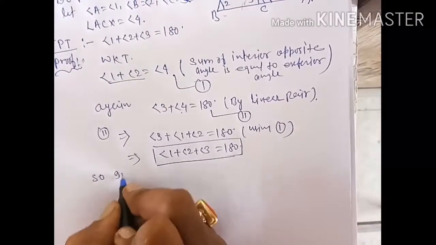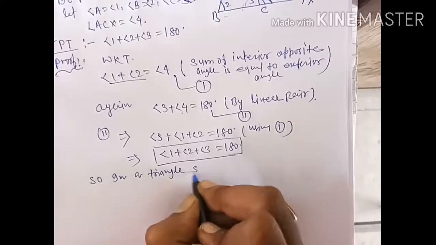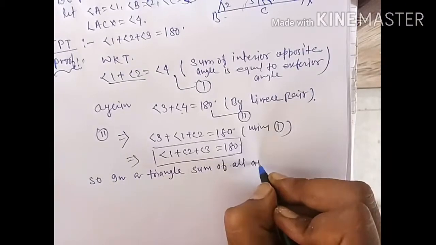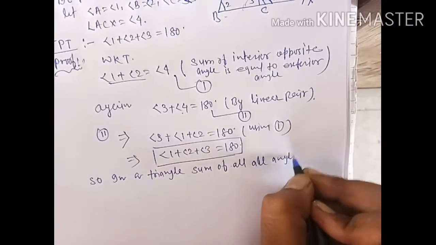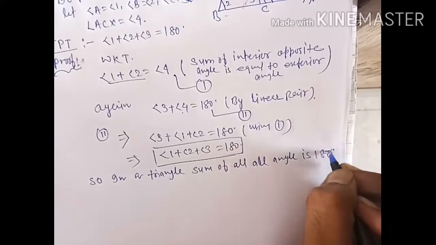So in a triangle, sum of all angles is 180 degree.